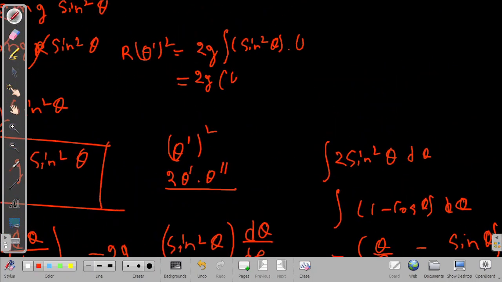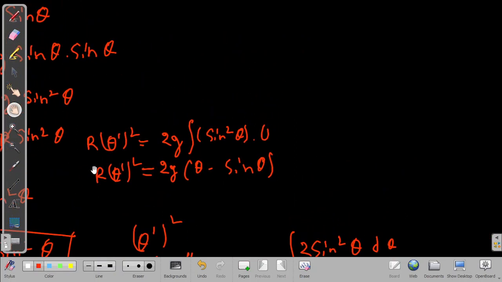So now r theta dash whole square has gradually turned into a first order differential equation.